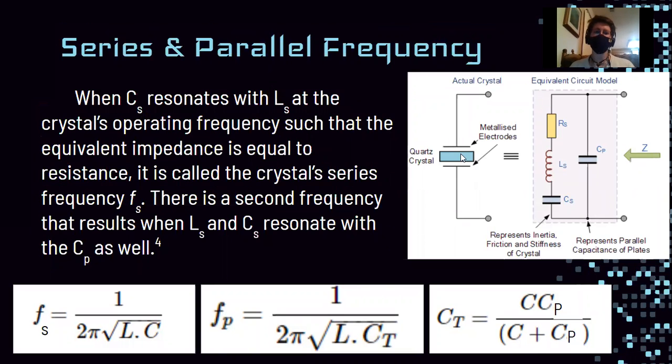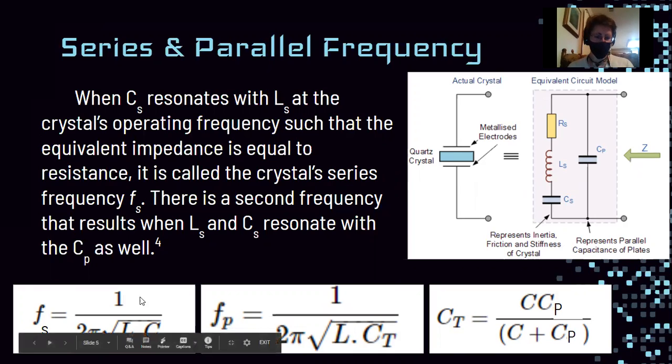What we observe in these parallel circuits is that the series capacitor, which we see right here, resonates with the series inductor at the crystal's operating frequency, such that the impedance on this equivalent electrical circuit creates a series frequency known as Fs of the crystal.